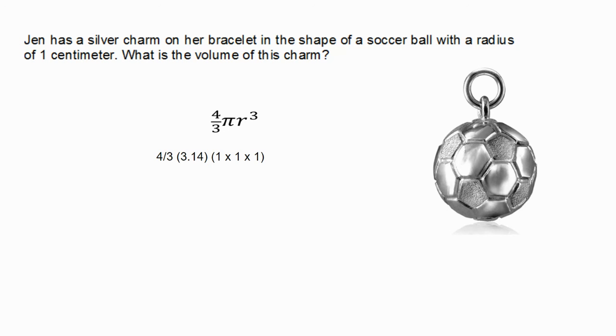And then since my radius was 1, I'm taking 1 times 1 times 1. I'm going to simplify that to 4/3 times 3.14 times 1. I get to an answer of 4.186 repeated. And I am going to just automatically assume I'm going to round to the nearest tenth. So I would have 4.2 cubic centimeters would be the volume of that soccer ball charm.